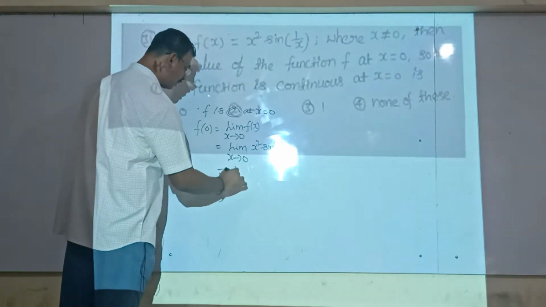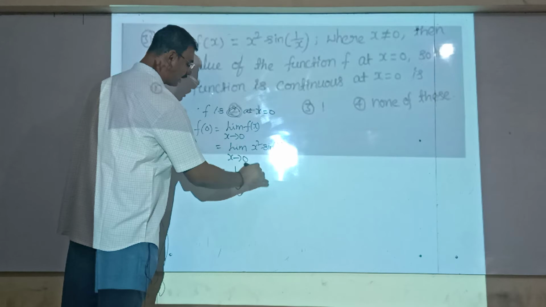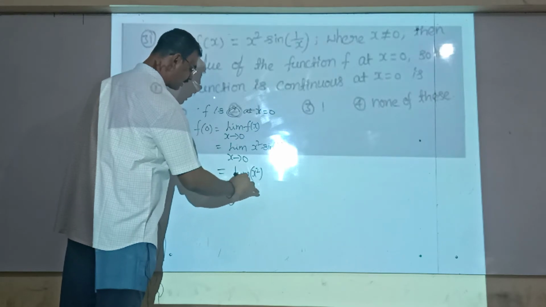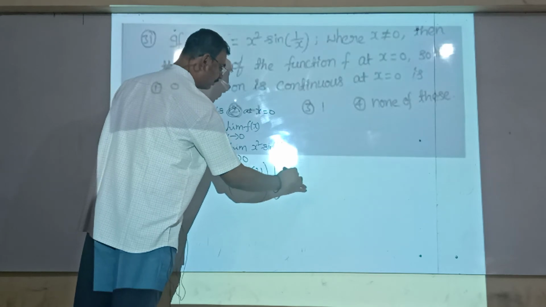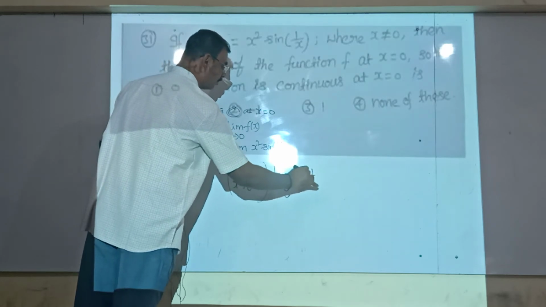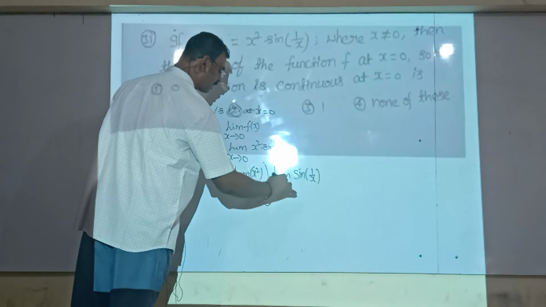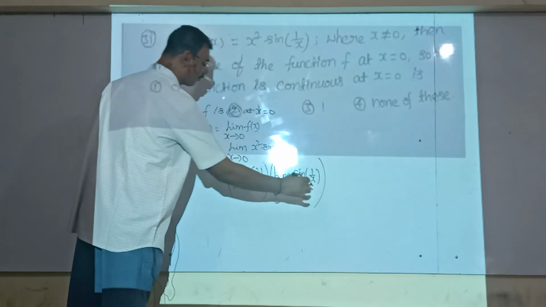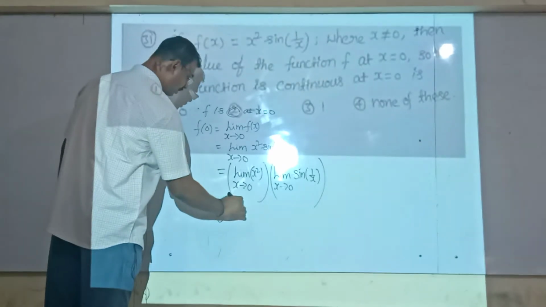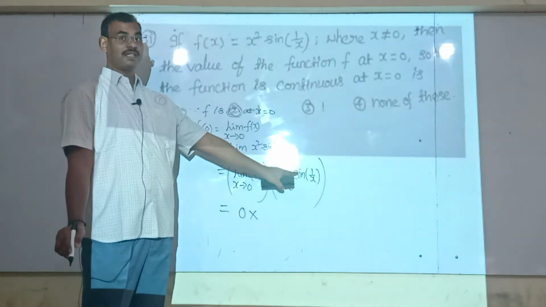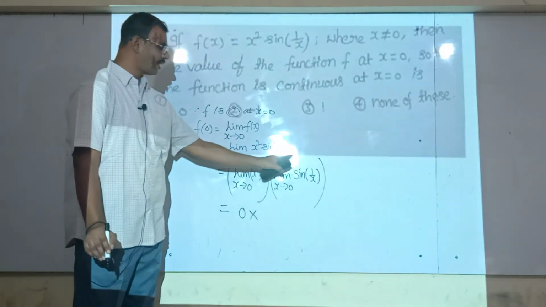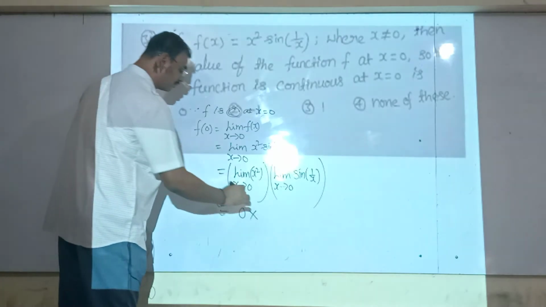I have to use a property. This I can also write as the limit of x square as x approaches 0 into the limit of sin of 1 divided by x as x approaches 0. Now you should apply the limit. This is equal to 0 square, 0, into sin of 1 by x, which is not defined. So this is always a finite quantity.